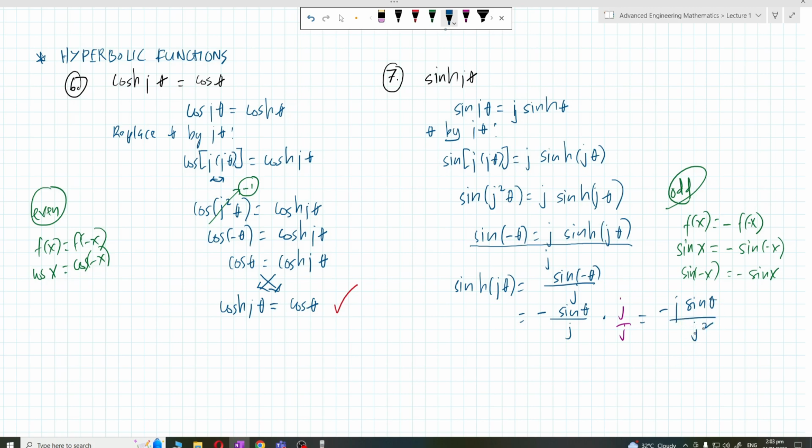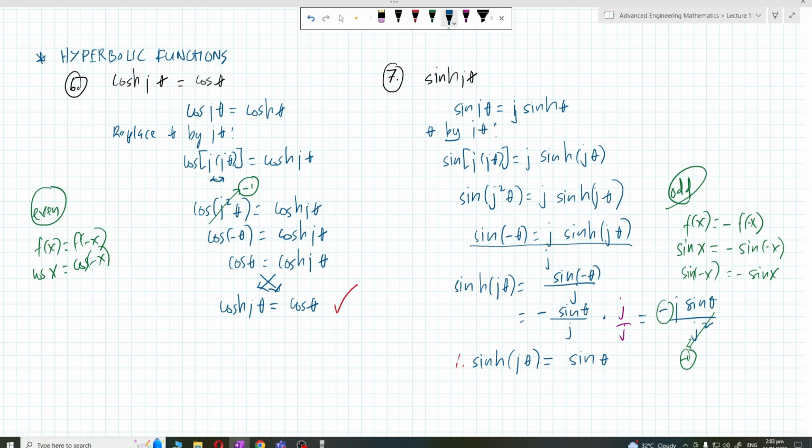And again, what is j squared? J squared is negative 1. Okay, negative 1, then negative 1 magiging positive. Okay, so therefore, the sine hyperbolic of j theta is the same as the sine of theta.